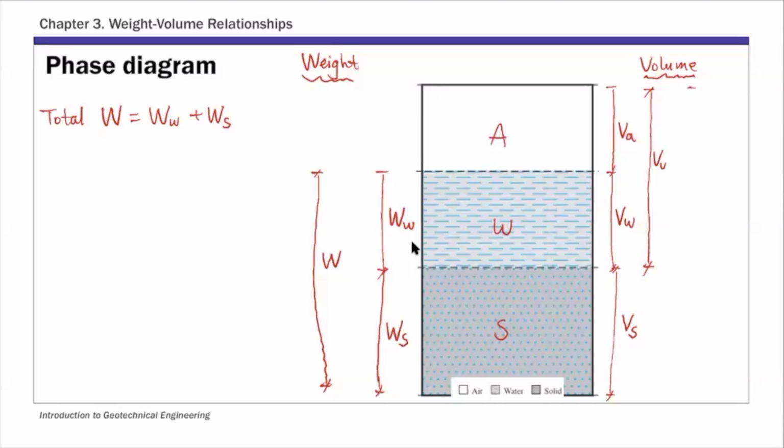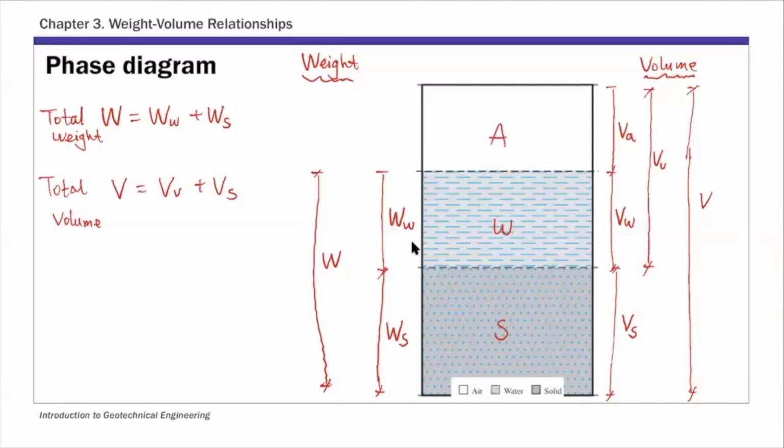And then the total volume, this is capital V. That's the total volume: volume of voids plus volume of solids.